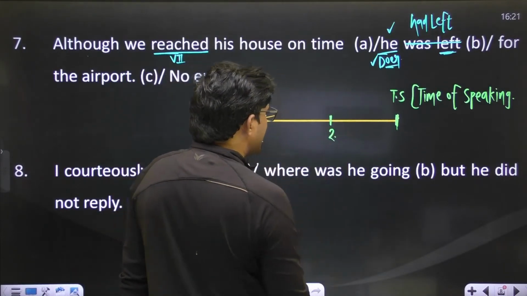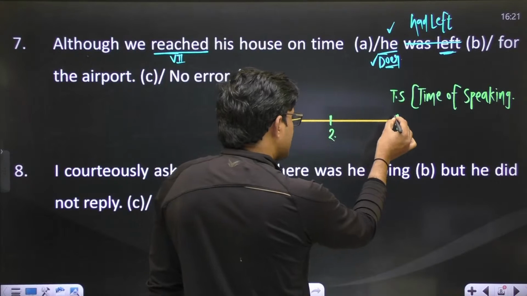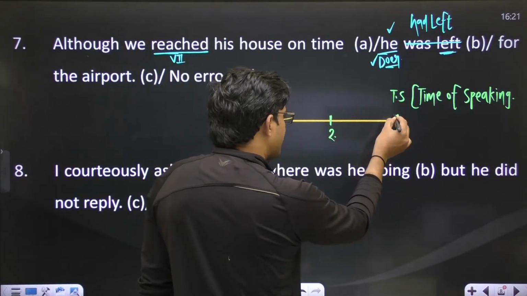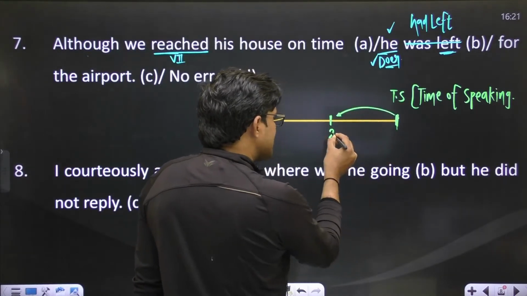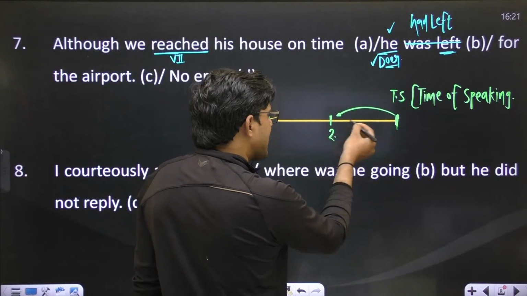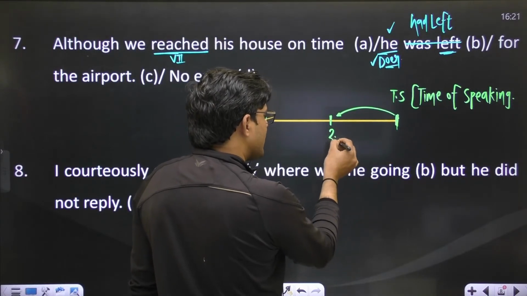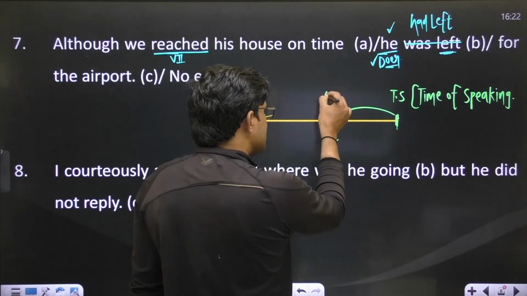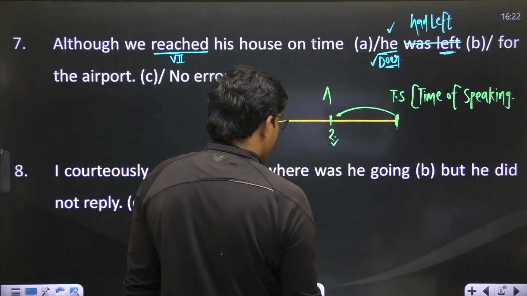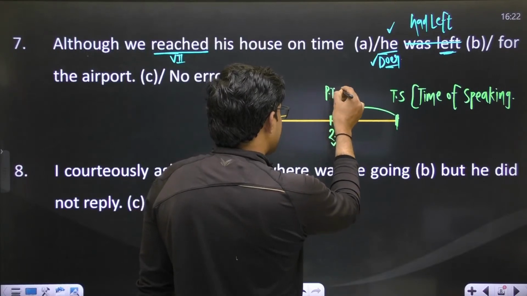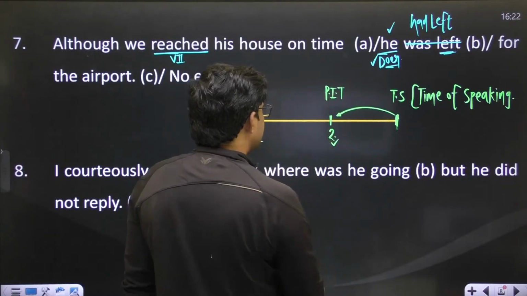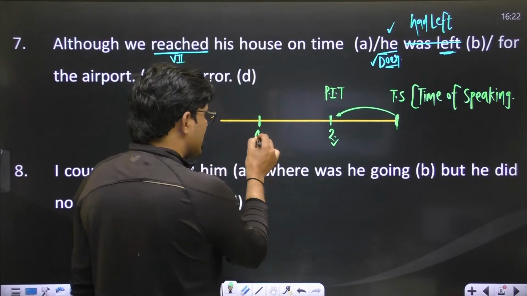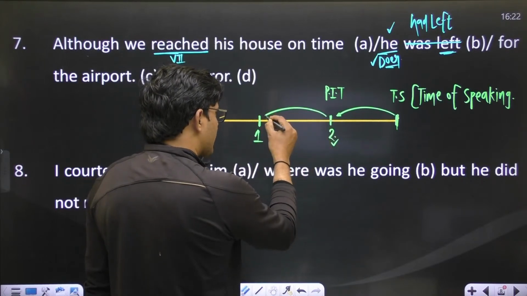Make sure this second action is nearer to the present, or you can say this second movement is backward from the present. Whenever we talk about backward from the present, this movement will demand past indefinite tense. This action comes under past indefinite tense, and this first action is backward from the past.